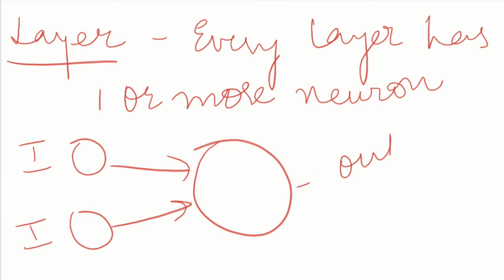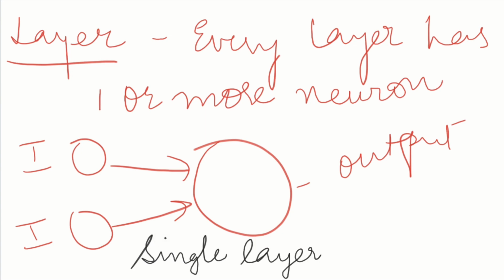This is the output layer. If there is only an input and output layer, we call it a single layer perceptron. If we just have an input layer and the output layer, it is called a single layer perceptron.